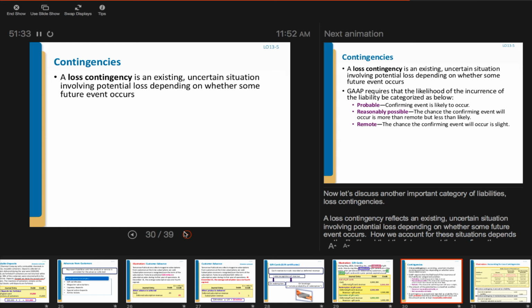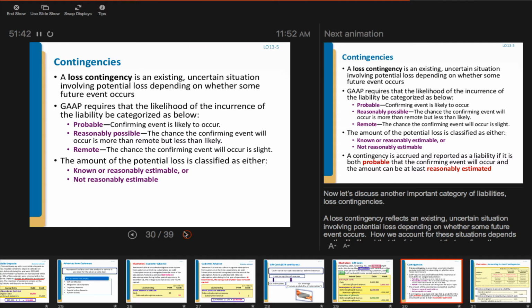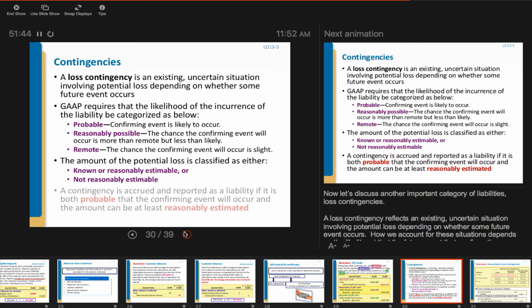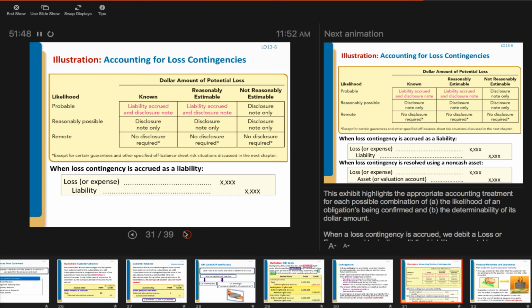So contingency we've talked about already. It just means you're not sure whether something's going to happen. GAAP has these definitions, and I'm going through this fast on purpose because there's a slide here that is really the only one you need to look at.